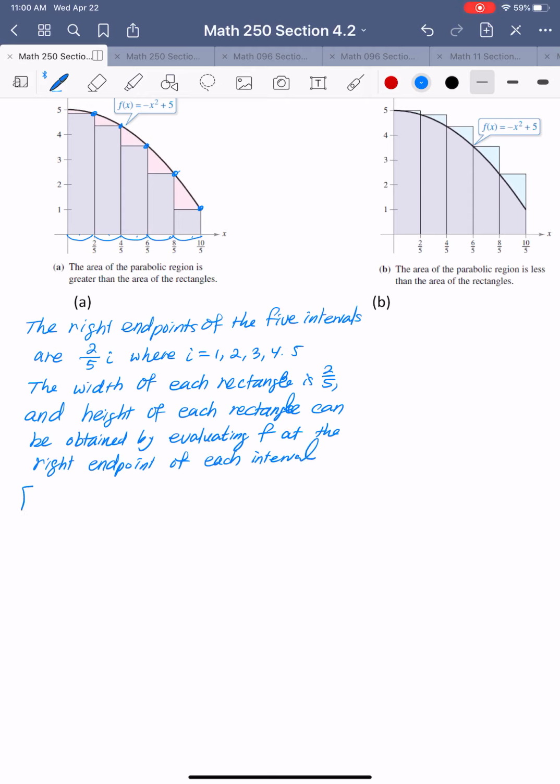The first interval is 0 to 2/5, as you notice. The second interval is from 2/5 to 4/5, then 4/5 to 6/5, then 6/5 to 8/5, and then 8/5 to 10/5.